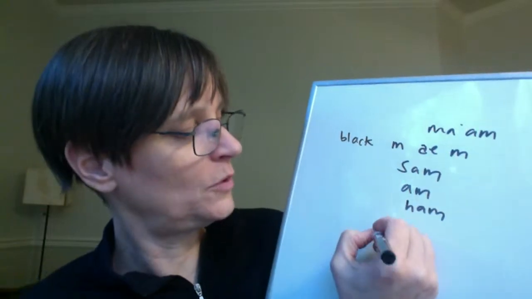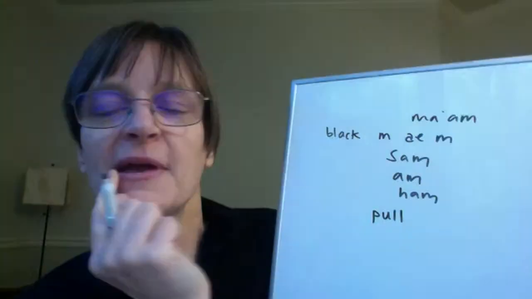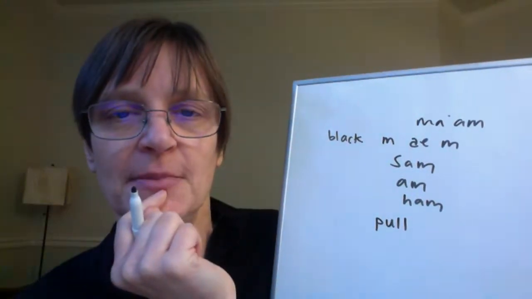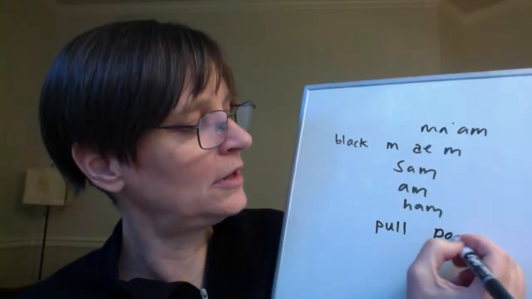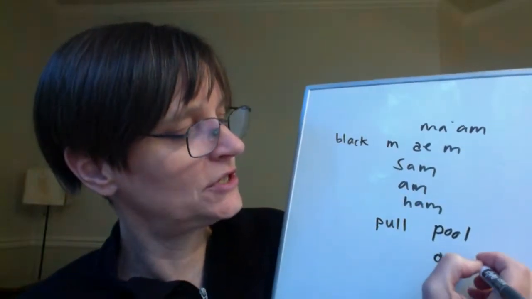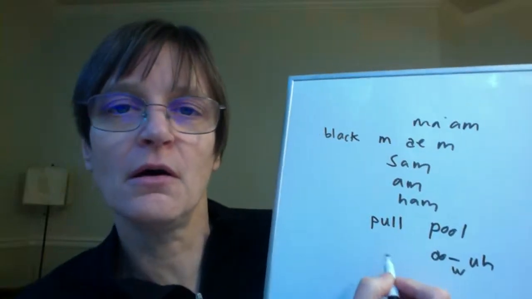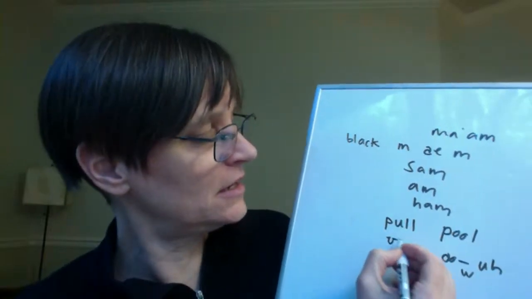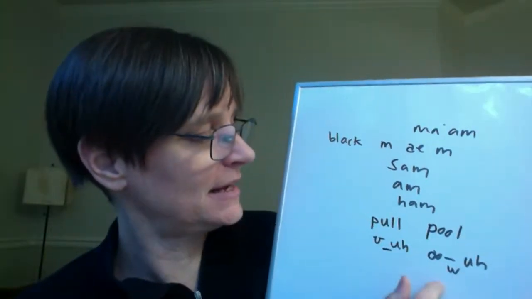Yes. And Susan wants to know, is there any W in the word pull? Pull. No, because we're not going from any rounded shape there. In the word pool, we have the oo with the W in between. But in the word pull, it's basically the same vowel and the same shape, so we don't have to make any changes.